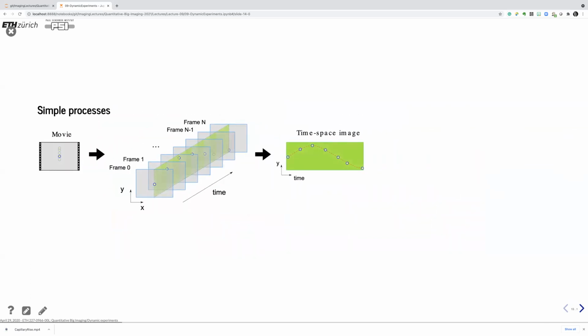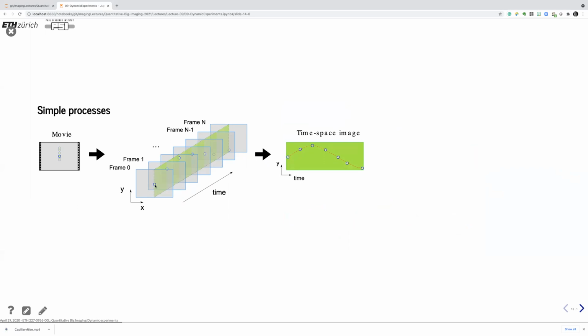If you have a simple process, looking at a movie, you can actually extract frames. The movie you can see as a three-dimensional image. Two directions are the X and Y coordinates, as you normally see them in the movie, and the third dimension is time. From that, you can extract a time-space image.